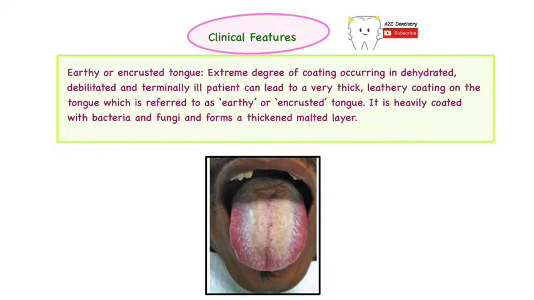So a thickened layer tends to accumulate over the dorsum of the tongue, which appears as a leathery coating. Such a lesion is usually very heavily coated with numerous bacteria and fungi, and there might also be extreme halitosis present. So if such an appearance is seen clinically, then we might suspect some kind of systemic disorder as well in such patients.